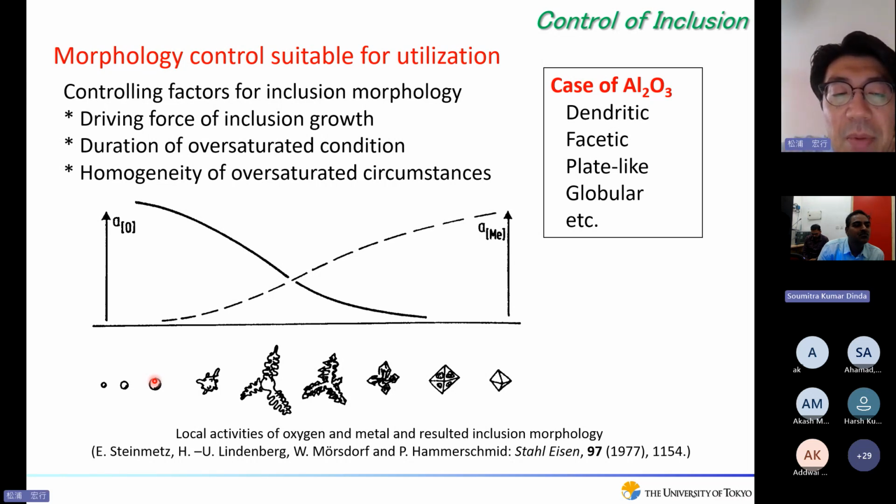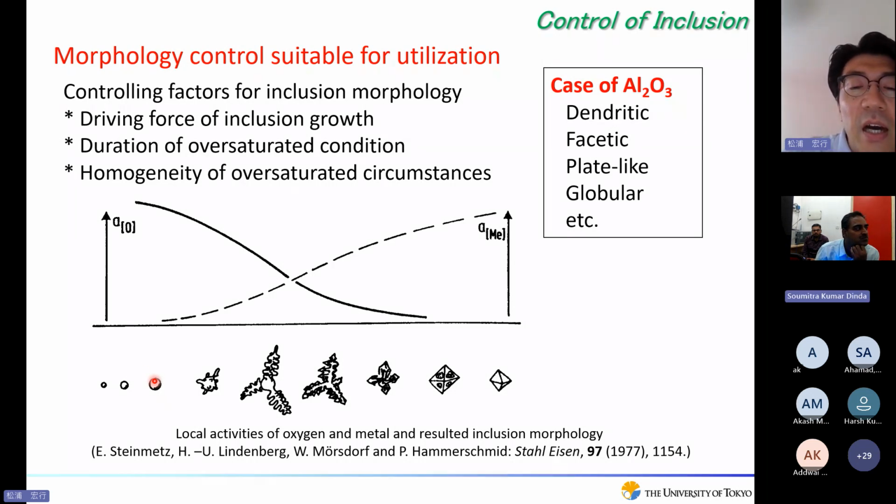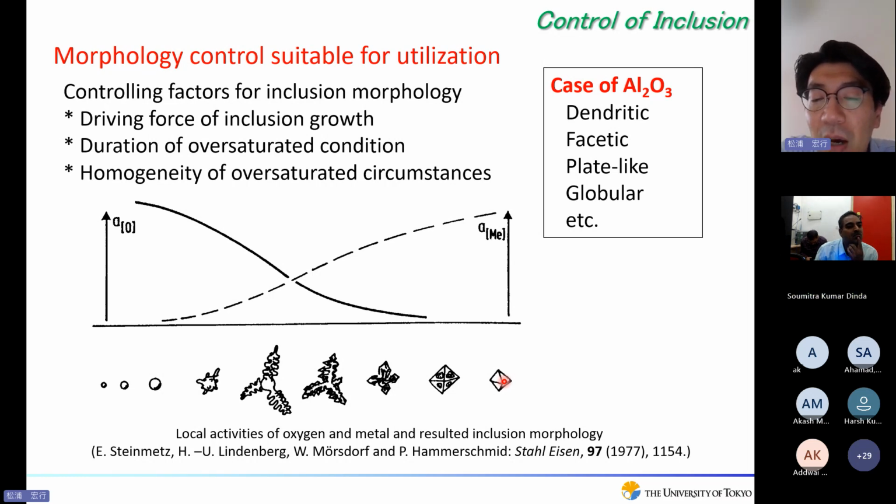In that case, the oxide inclusion can nucleate and grow from many points of the interface between the molten steel and the inclusions. On the other hand, when the metal activity is quite high, the oxygen content is very low. So the growth of these non-metallic inclusions is governed by the transport of oxygen in molten steel. That's why the faceted growth of inclusions happens.